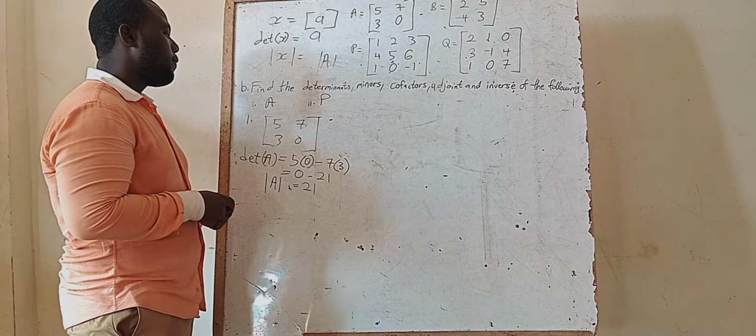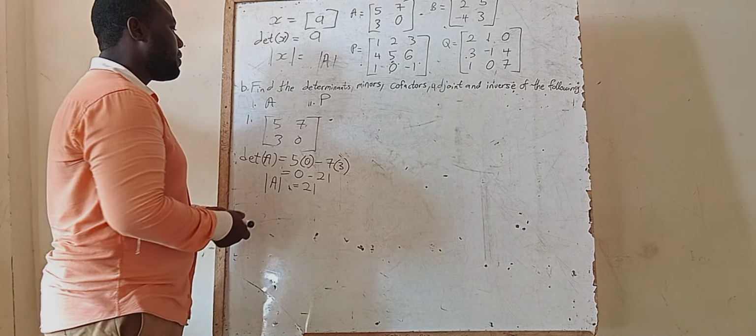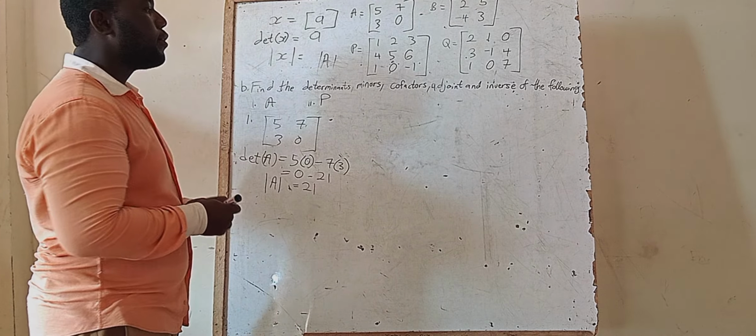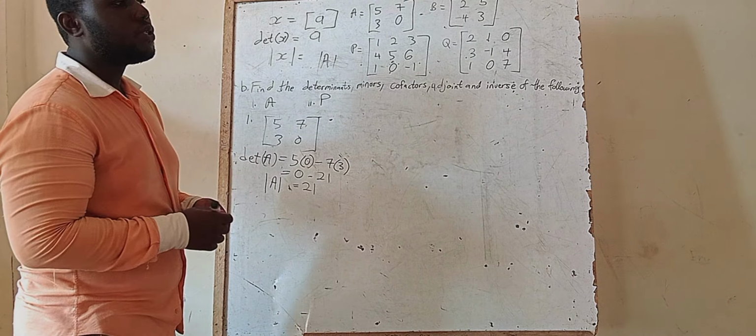When you move on to the next row, it continues at A21, A22, A23, and the next row at A31, A32, A33. So minors are going to use the positional names of elements of matrix A, just that instead of writing A11, A12, A13, when we are finding minors, it will be M11, M12, M13, and so on.